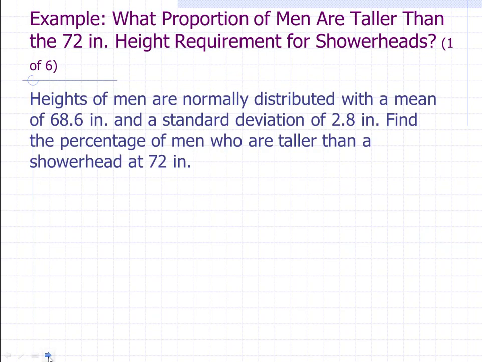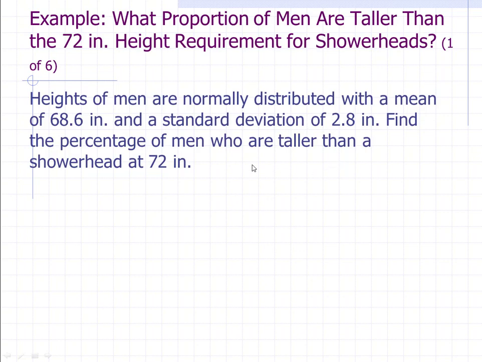Now let's look at this example: what proportion of men are taller than the 72-inch height requirement for shower heads? Okay, 72 inches is 6 feet. We know that the heights of men in the United States are normally distributed with a mean of 68.6 and a standard deviation of 2.8.